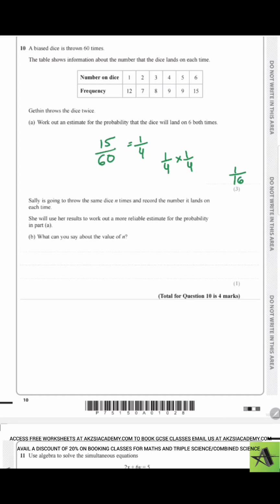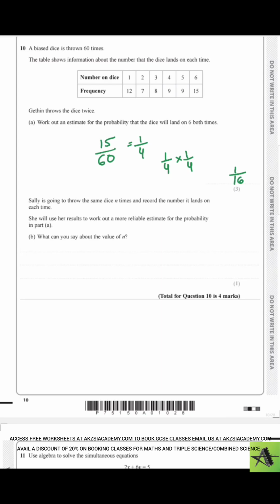Sally is going to throw the same dice n times and record the number it lands on each time. She will use her results to work out a more reliable estimate for the probability in part A. What can you say about the value of n? Well, basically the question is saying that Sally will throw the same dice n number of times.